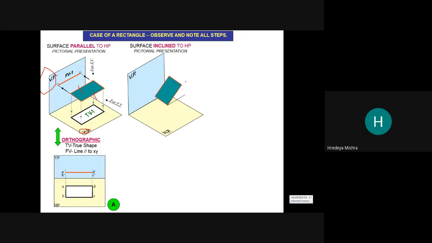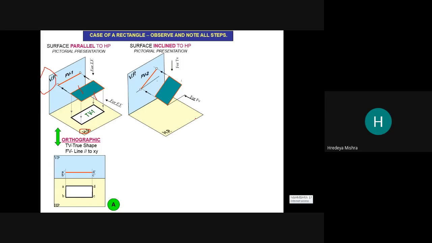Our surface is inclined to the horizontal plane and perpendicular to the vertical plane. So this is our front view. We get an inclined line. If our plane is inclined with the horizontal plane, then we get an inclined line in the vertical plane, or we can say in its front view.